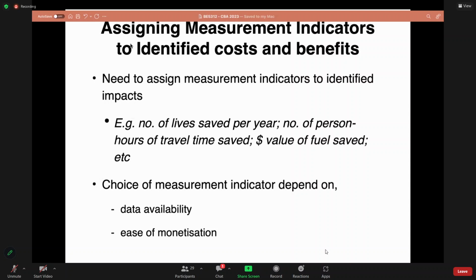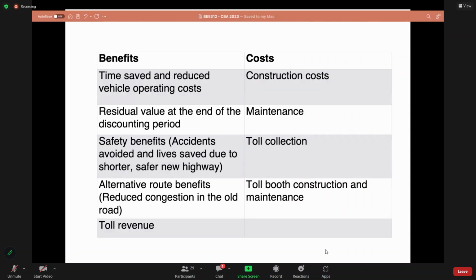It might be, say, in terms of number of lives saved per year, or number of person hours of travel time saved, or the dollar value of fuel saved, to measure the reduced vehicle operating costs. Likewise, we have to assign metrics, how we can measure each of these impacts that we identify.